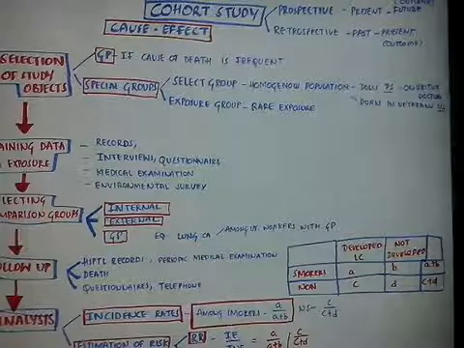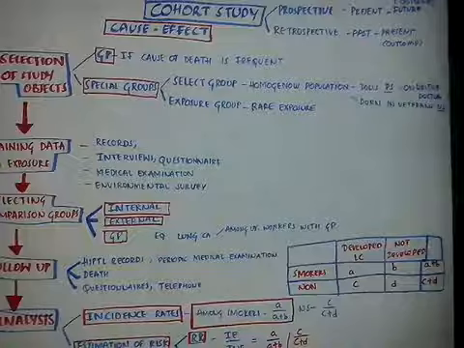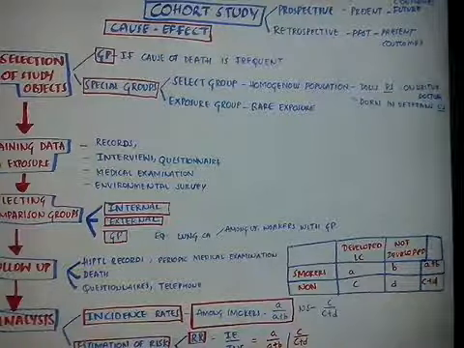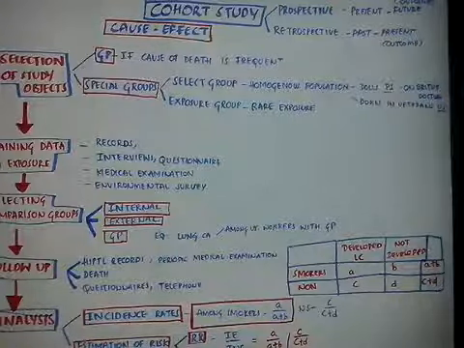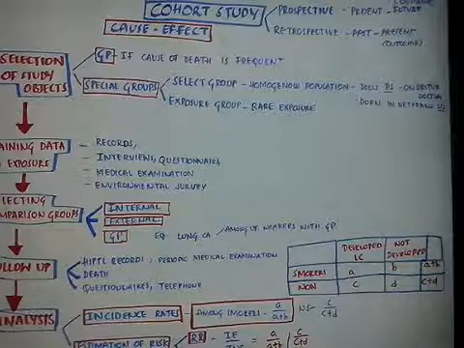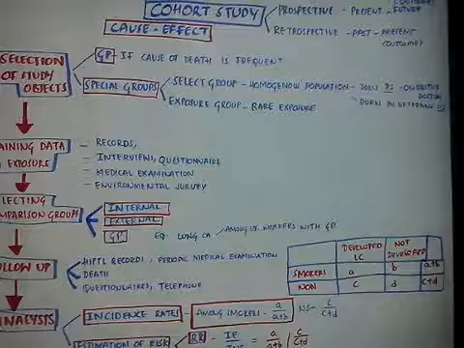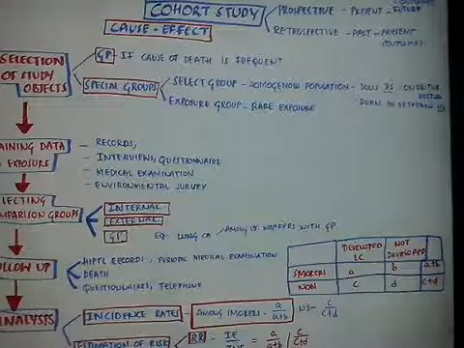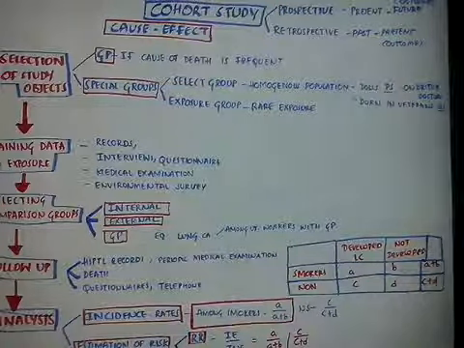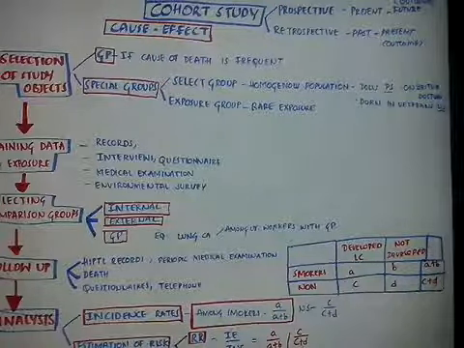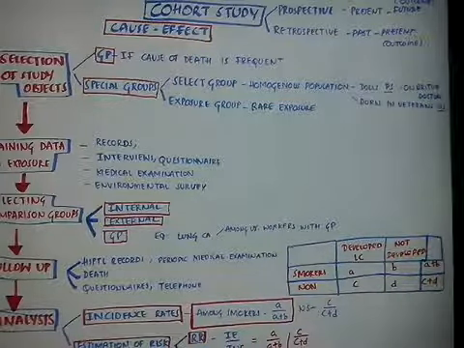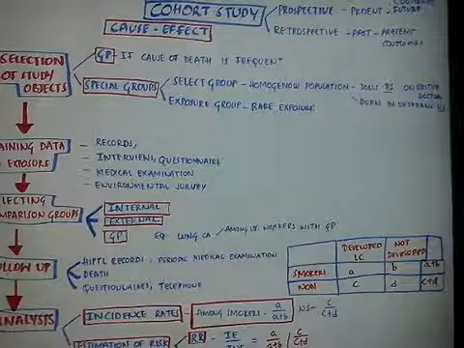Example, if the attributable risk for lung cancer is 91.4%, that is the association between smoking and lung cancer, the risk of lung cancer due to smoking is 91.4%. So on reducing smoking, we can prevent lung cancer.